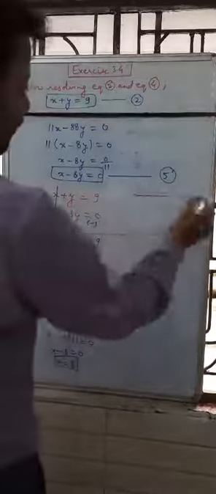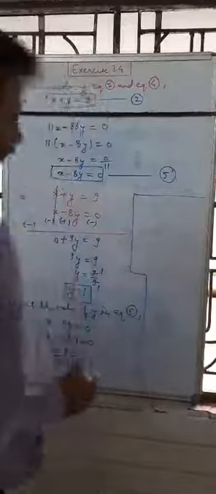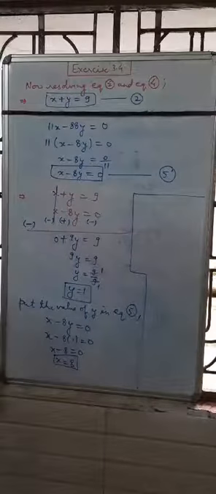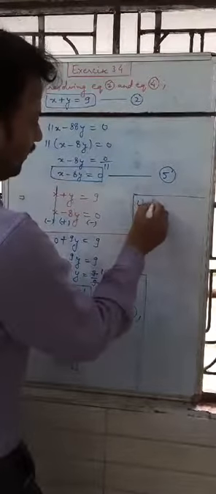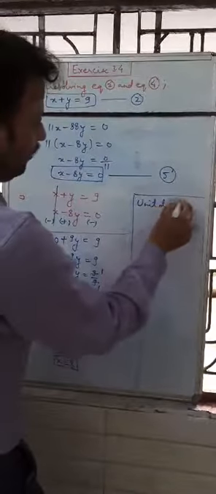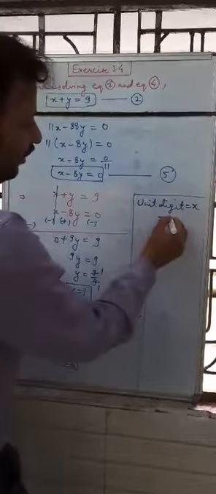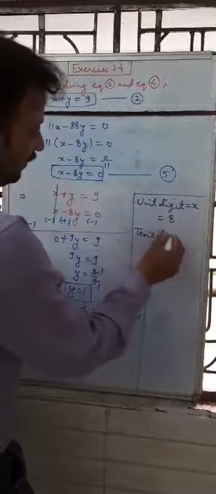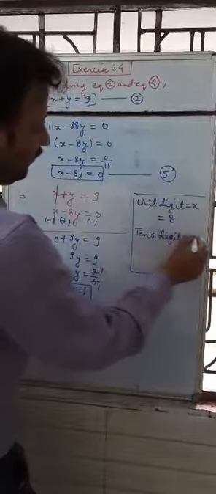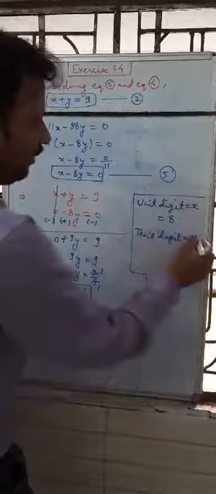So in the problem, what did we assume? We assumed the unit digit was x. So what did we get for x? 8. And the tens digit is y, and we got y is equal to 1.